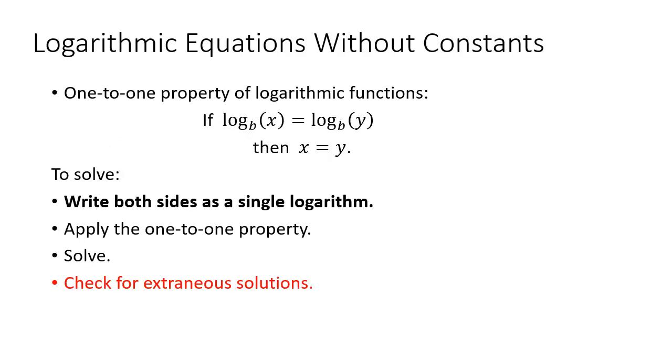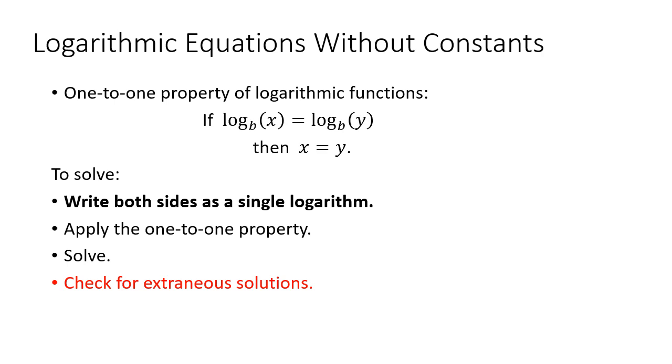So now let's talk about the first type of logarithmic equation in the section, and that's the logarithmic equations without constants. And again, that means that everything is either inside of a logarithm to start with, or it's a coefficient that you can pull in as an exponent using the power property. The idea is if you can manage to write both sides as a single logarithm of the same base, something of the form log base b of x is equal to log base b of y, then you can apply something called the one-to-one property of logarithmic functions, which is very similar to what we were doing with exponential equations with like bases.